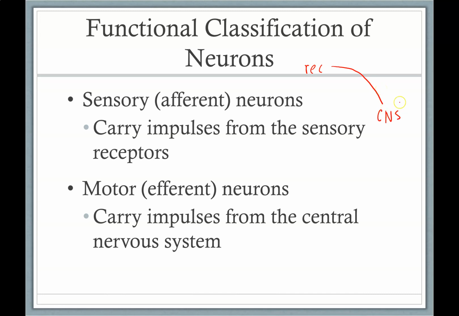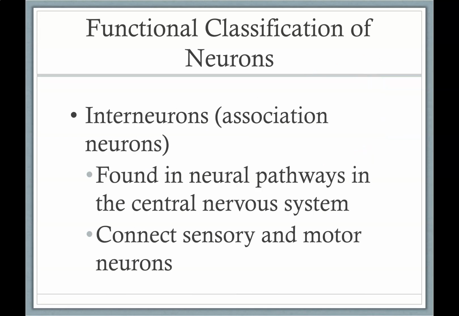Your central nervous system is where your interneuron is. And then you know that the motor is going to go out. So motor nerve goes out, sensory nerve goes in, and it's always that way. We'll see it more in what's known as a reflex arc, but we'll see that later on. Sensory is afferent, motor is efferent. Don't forget that. You'll see those words on some review materials.